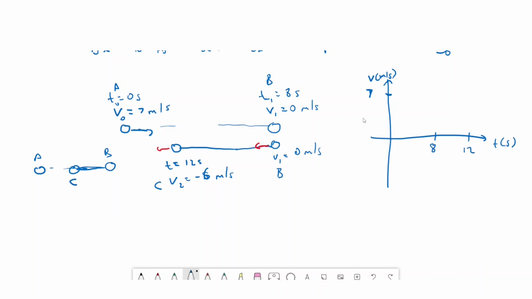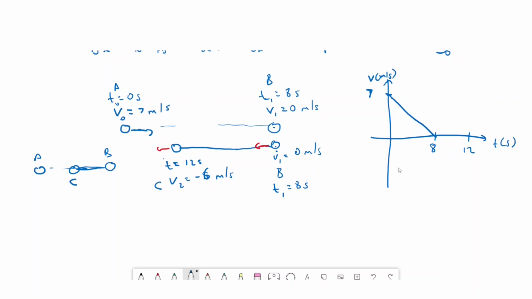All right, so they're going to start at 7, but now they are going to end up at 0, so they go down like that. It's a straight line going down like that. Now from 8 seconds, because the time here is the same as 8 seconds. Remember I said that they stopped and turned within this 8 seconds, right?